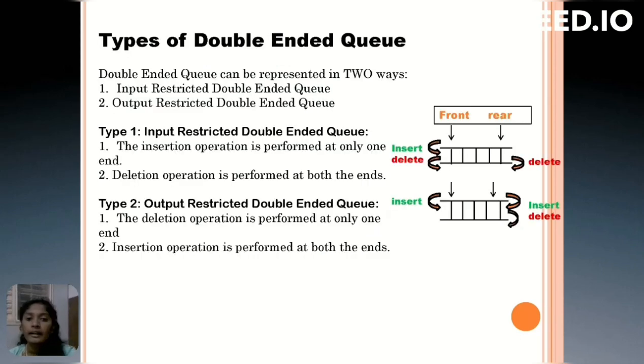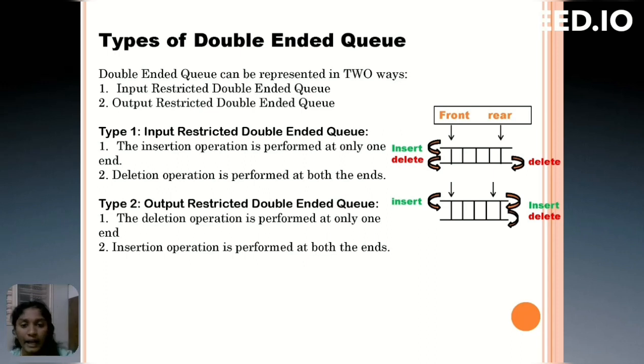Next, types of double-ended queues. Double-ended queues are of two types: input-restricted double-ended queue and output-restricted double-ended queue.